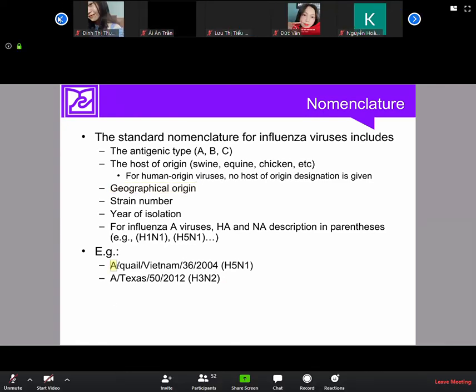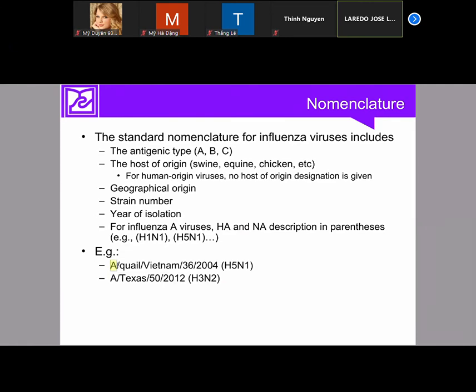So when we give names to influenza viruses, I show you here some examples. The first name that we give them is the type of influenza, in this case, influenza A. The second name that we give them is the animal where they were isolated for the first time, in this case, the quail. The third word that we use is the country where they were isolated for the first time, in this case, Vietnam. This number is the number of strains at the laboratory, and later, the year when it was isolated.